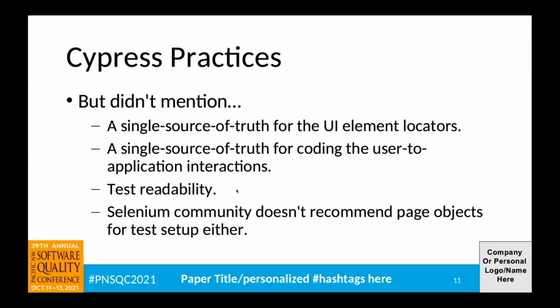And another point that got missed is that, in all honesty, he's all talking about test setup, test setup, test setup, and he's basically saying don't use page objects for your test setup because they're really slow. They have to wait for the browser to catch up. You've got that waiting going on. Just set the state directly.